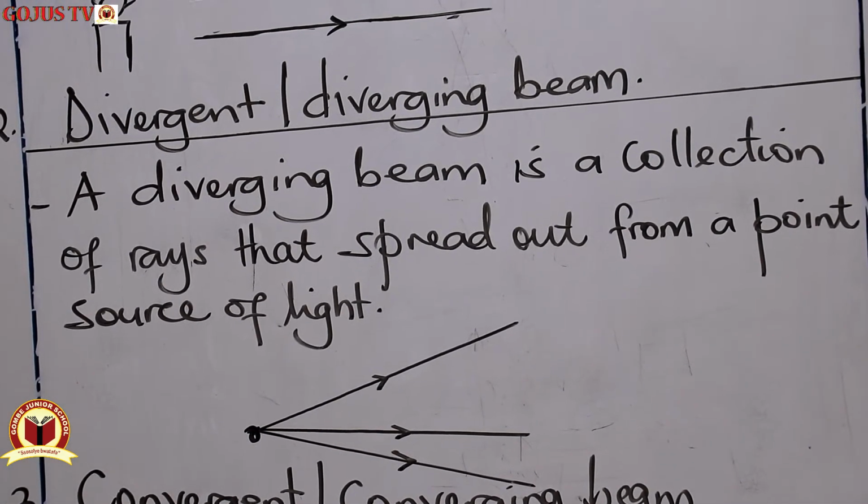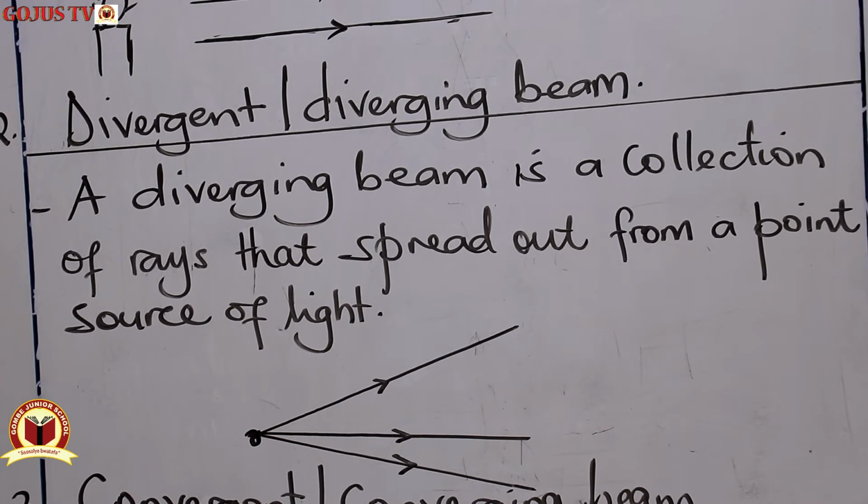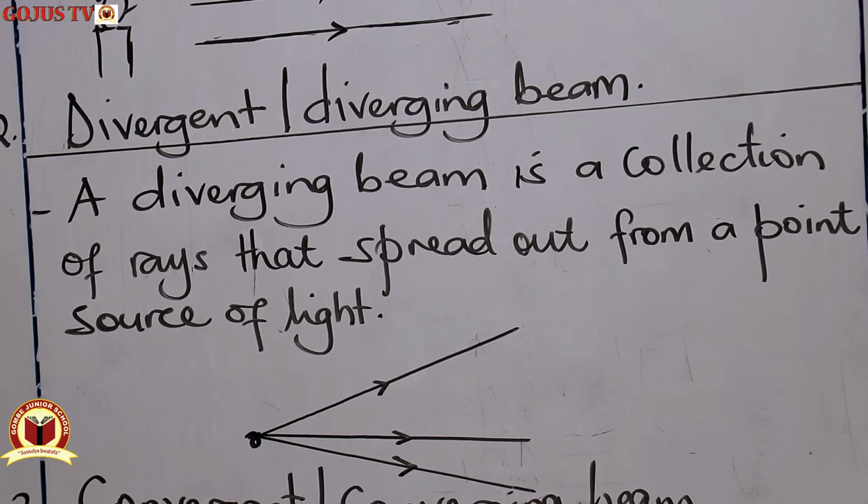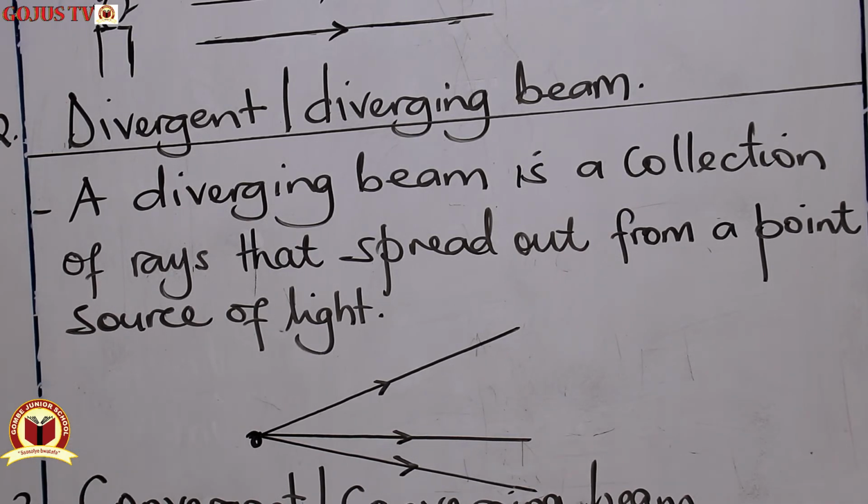In electricity and magnetism, especially when we are dealing with an electric torch, you talked about the reflector and its function, and one of the functions is that it reflects light into a diverging beam of light.